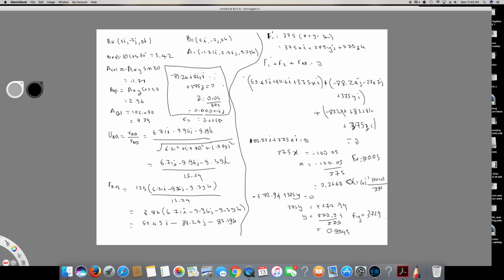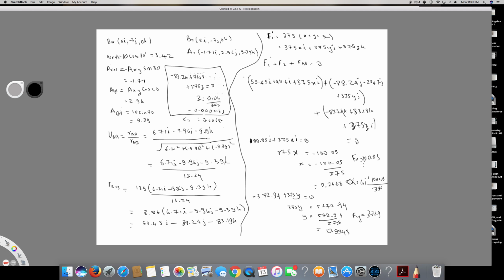Cos inverse of 100.05 divided by 375. Oh, it's negative 100.05, so we should keep the sign.